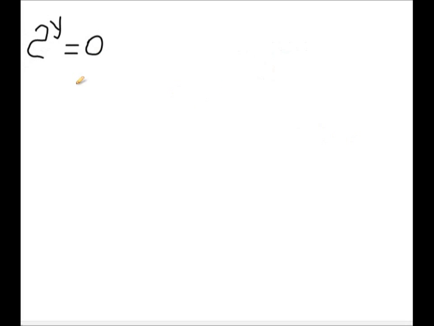What about this? This can be written like log base 2 of 0. To what power do I need to raise 2 in order to have 0? Tell me, can you find it? Help me, please.